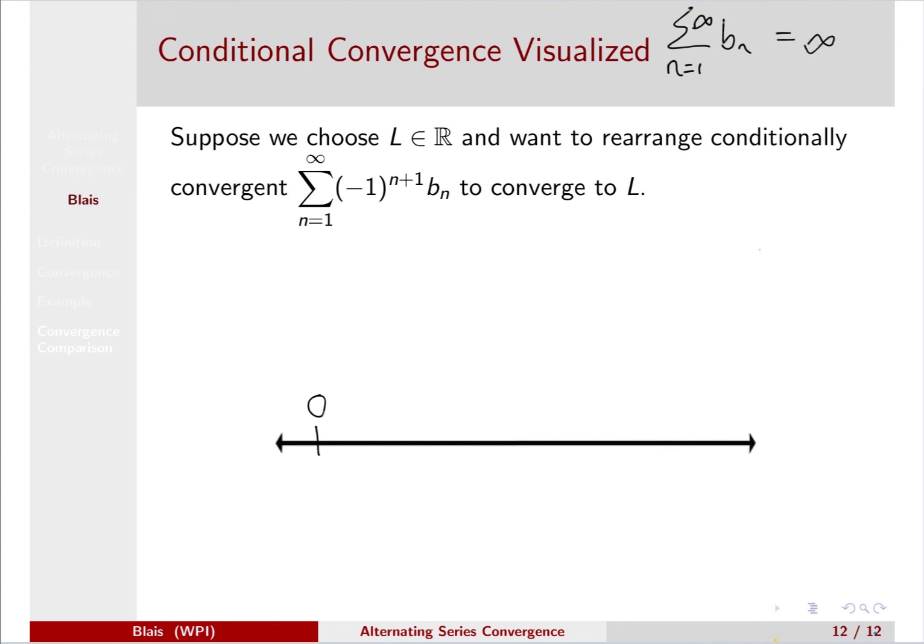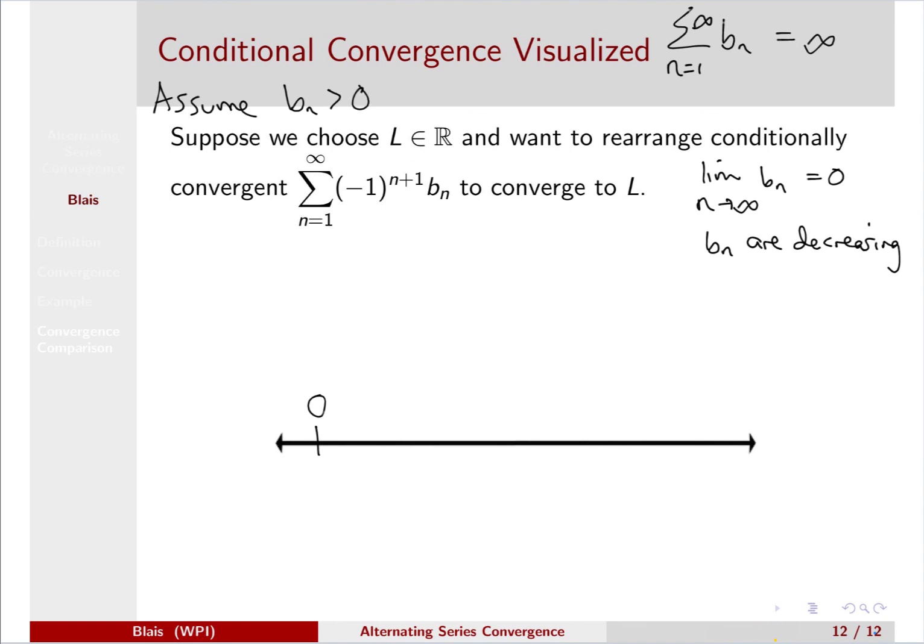We also know it passes the alternating series test, which means the limit as n goes to infinity of the b sub n's is 0, and the b sub n's are decreasing. And just to make this a little simpler, for this illustration, let's assume the b sub n's are all strictly positive.